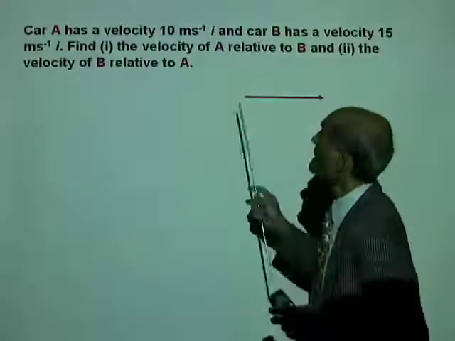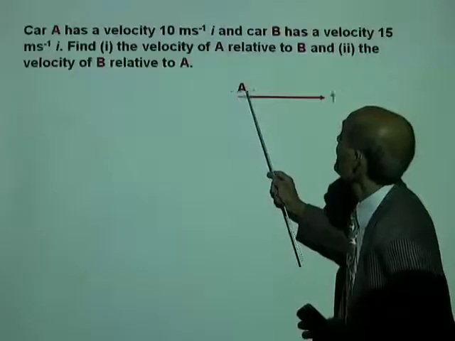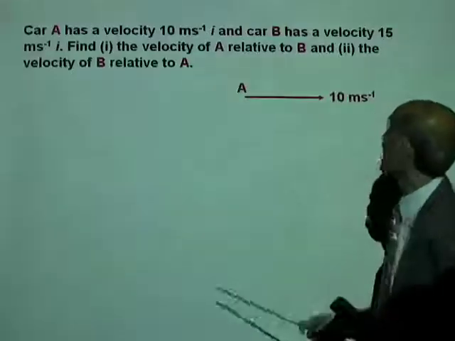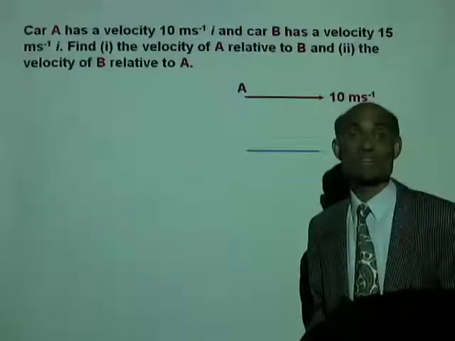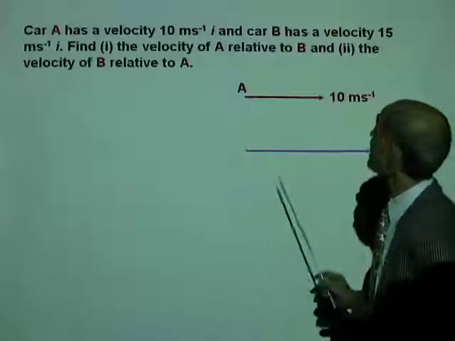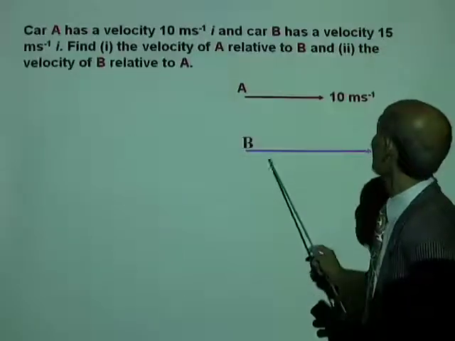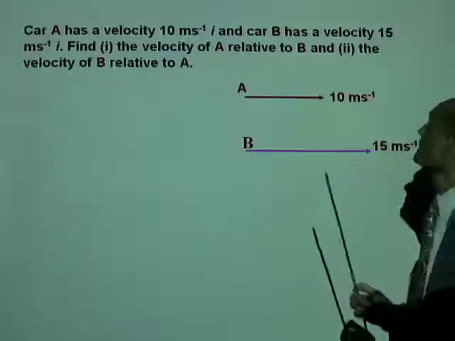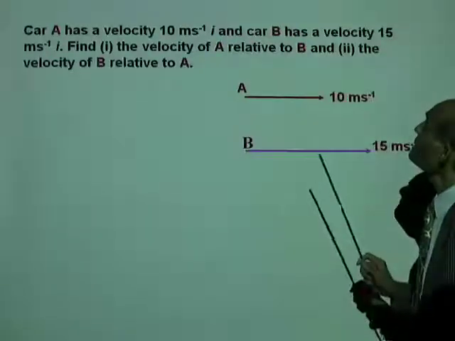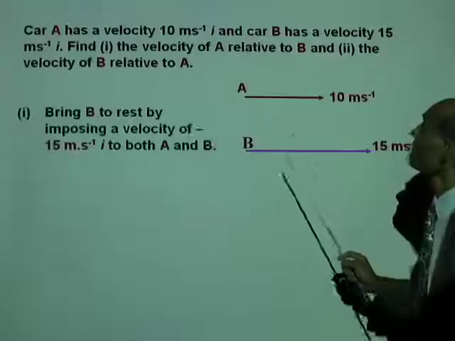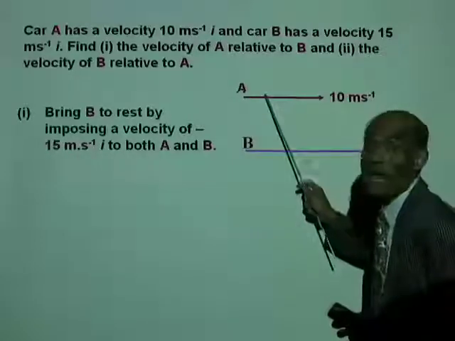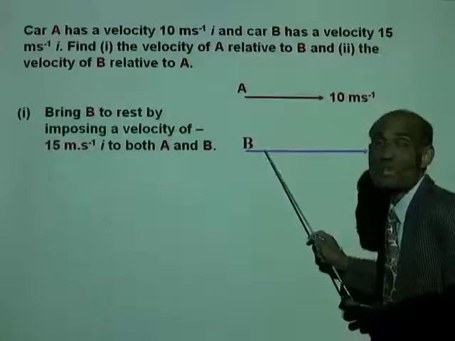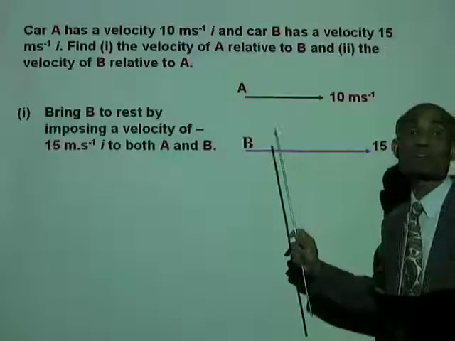Alright, let's see. Car A is moving east at 10 meters per second, and car B has a velocity of 15 meters per second. We need to find the relative velocity of A with respect to B. B is now the reference frame.